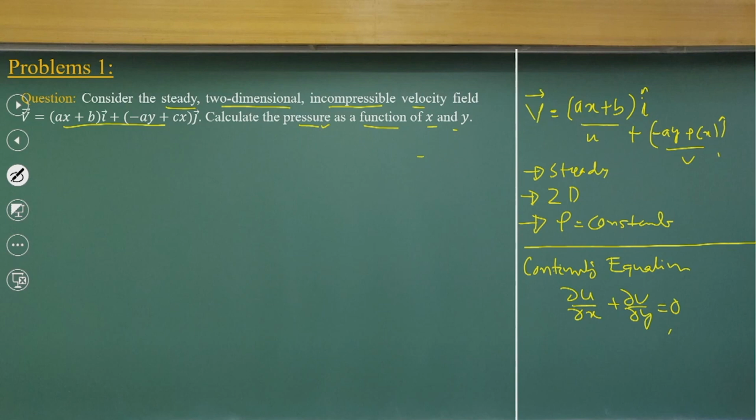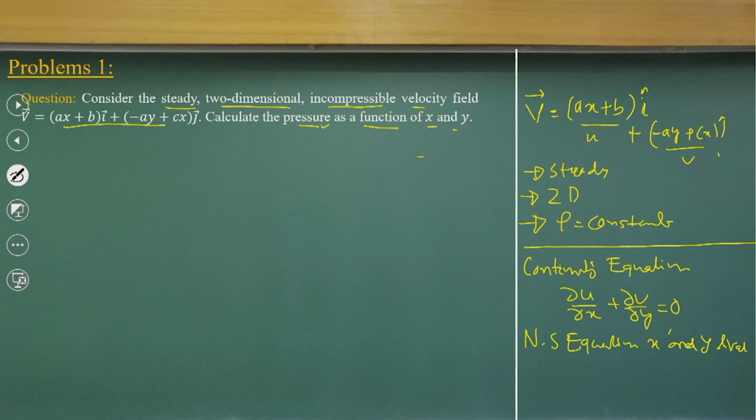Then we have the Navier-Stokes equations in the x and y directions. We do not need z, because it is a two-dimensional flow field. So we have the continuity equation and the Navier-Stokes equations, which are the linear momentum equations in the x and y directions. These are the three equations we will put to use.